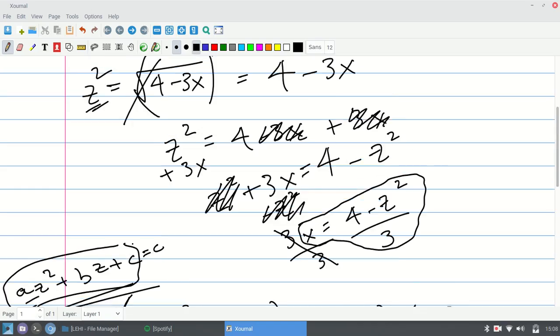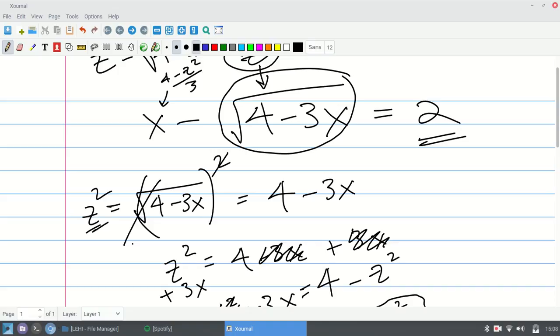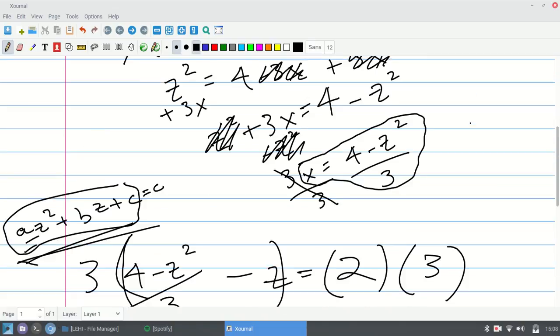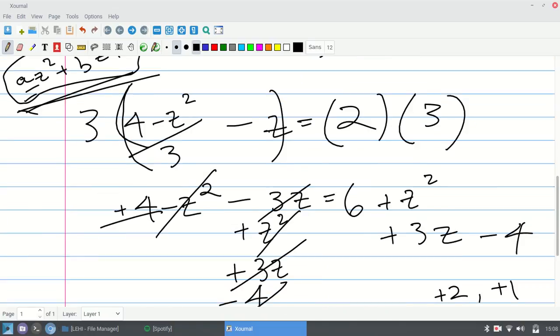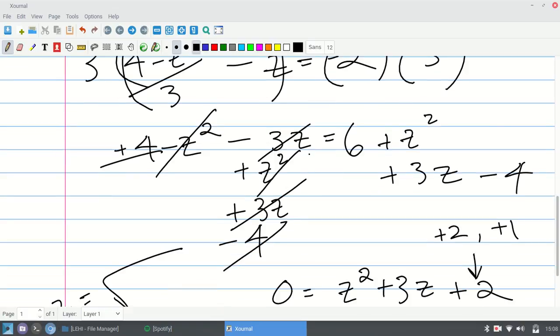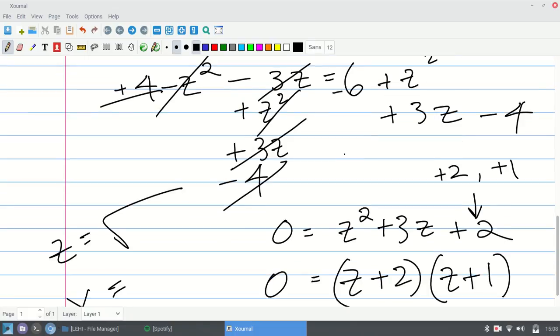Had I chosen, I don't know, let's see, had I chosen negative 2 here, then I would have ended up getting a negative 6 here, and I would have ended up getting a negative 10 here.